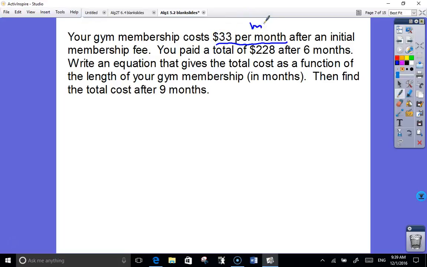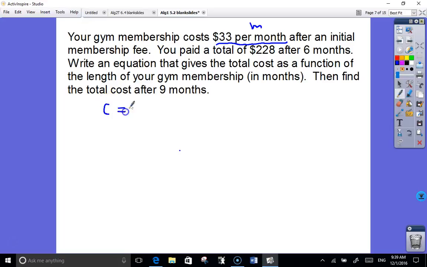You paid a total of $228 after 6 months. What did they just tell us there? They gave you an x, y. They gave you a point, where you know the two values that go together. So you can use cost and months if you want, or you could just use x and y. It doesn't matter which way you want.